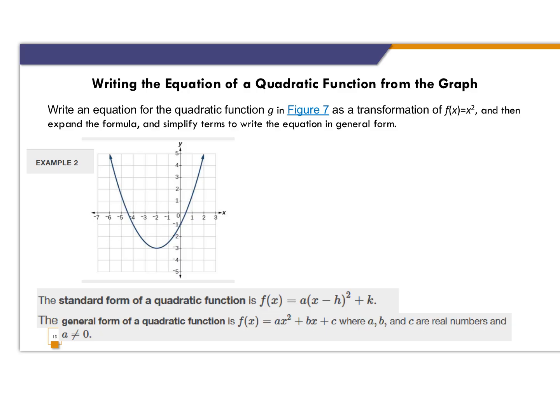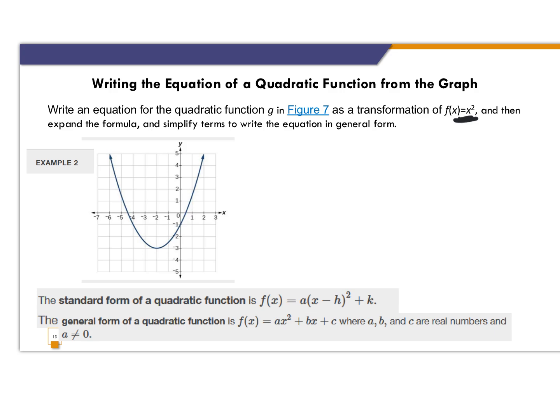Well, they're just saying that your parent function, x squared, has some movement. That means your vertex went up, down, left, and right, whatever the case is. And then it says, express the formula and simplify in terms of the equation in general form. So they're giving us a hint to use standard form first.